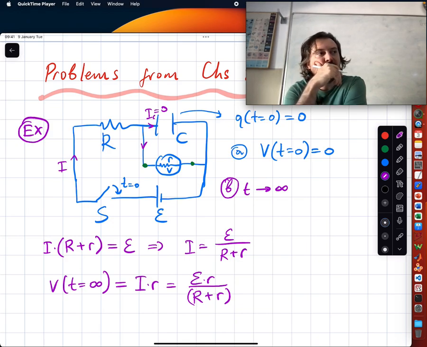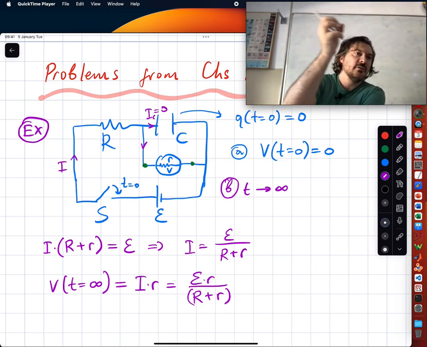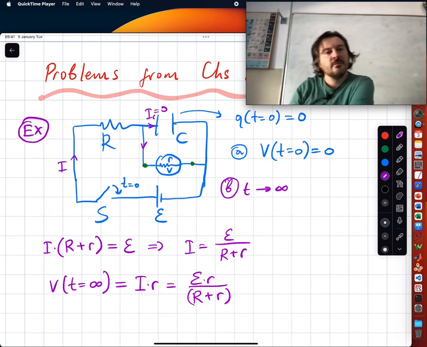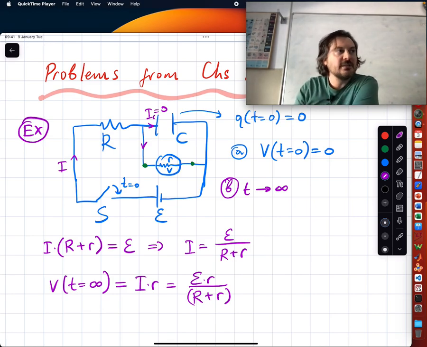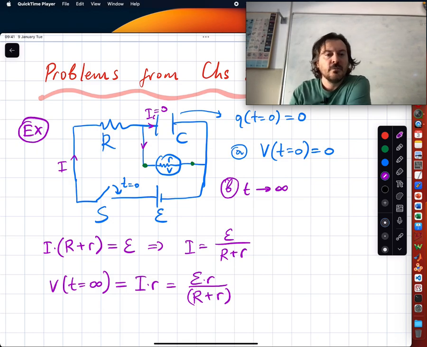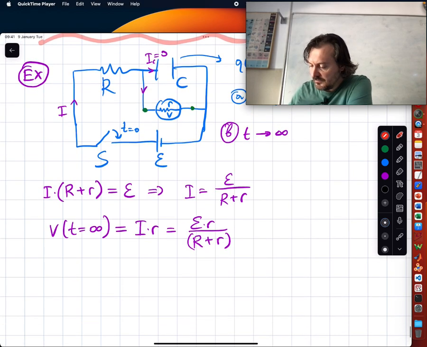We don't have L, so we don't have inertia. There's nothing here that wants the current to persist. That's why it's not going to go over to the other side. It's not going to overcharge so that it comes back. Very good question though. So part C, any other questions?